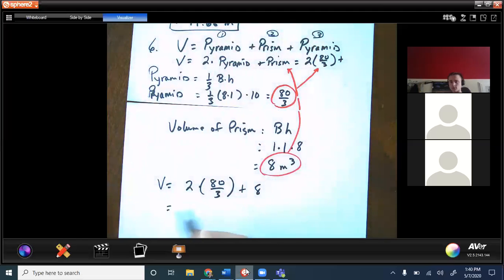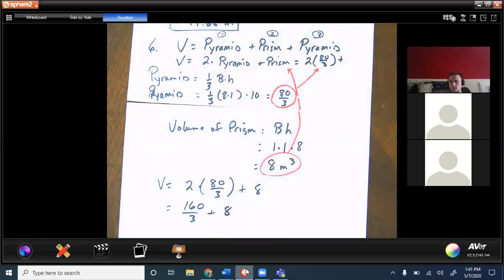All right, let's continue on. 2 times 80 is 160 over 3 plus 8. You could simplify these first over here and then add, doesn't really matter.